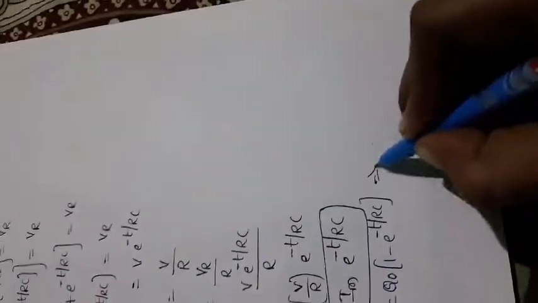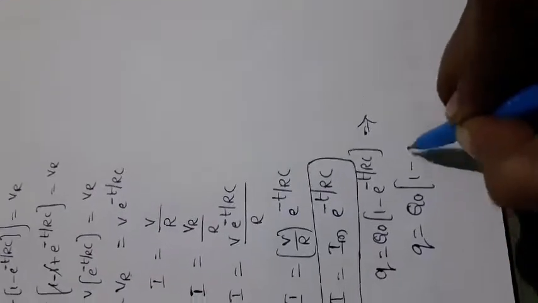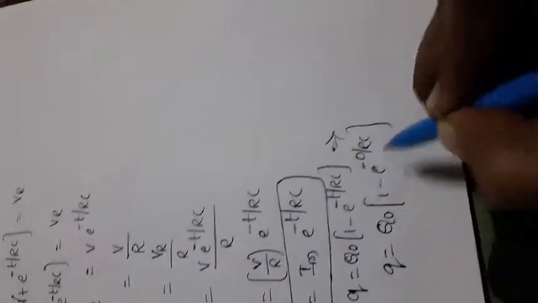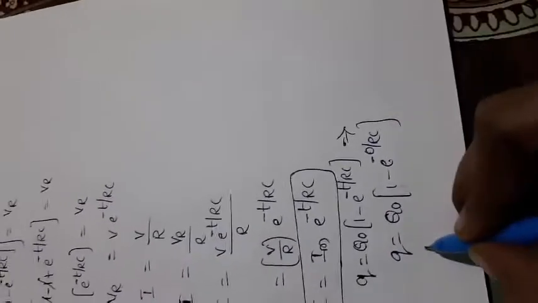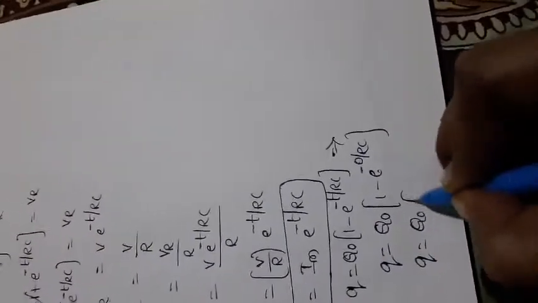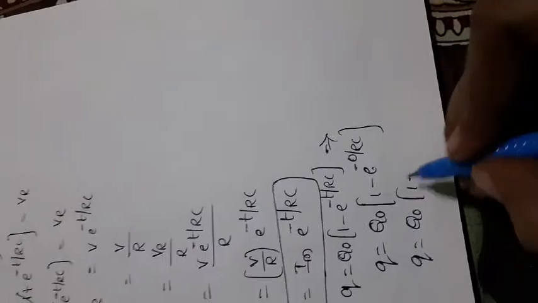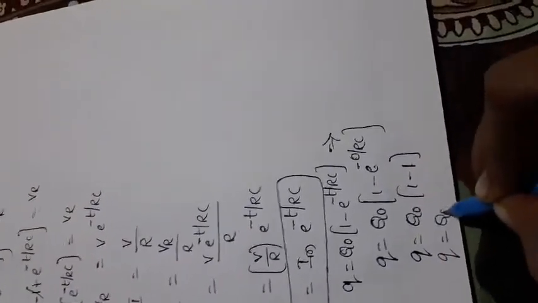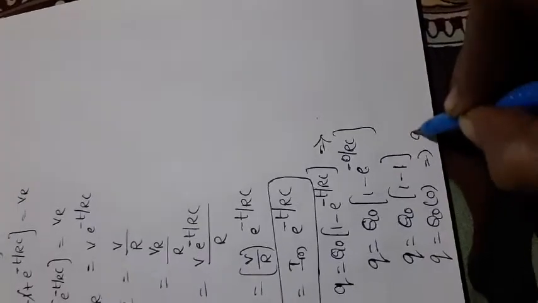In place of t we can substitute those values. I will go with the first condition: substitute t as 0. Then Q is equal to Q naught into 1 minus e power 0. e power 0 is nothing but 1. So 1 minus 1 is 0. So Q naught into 0 means the Q value will be 0 here.